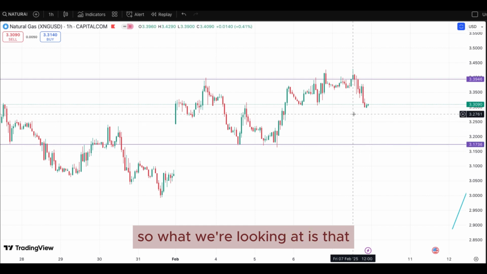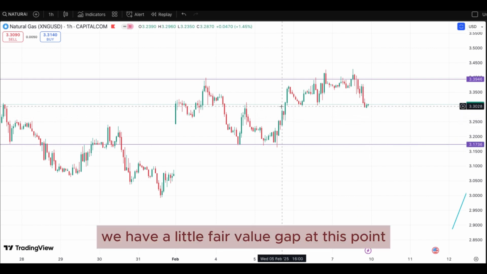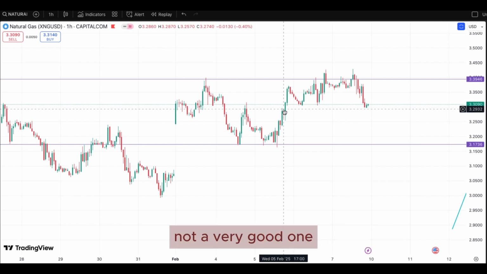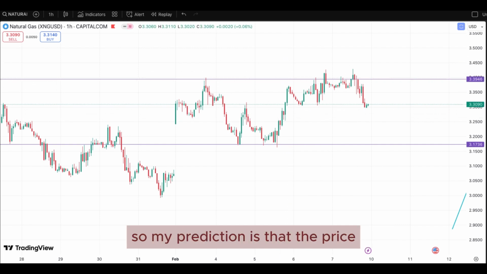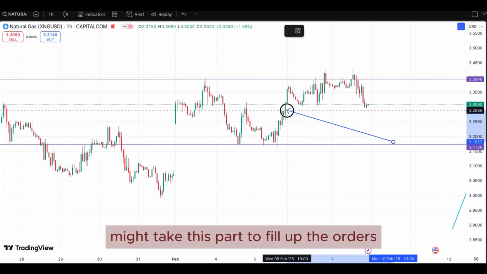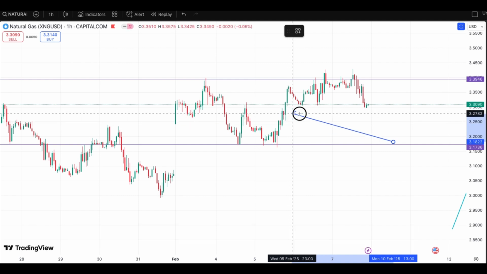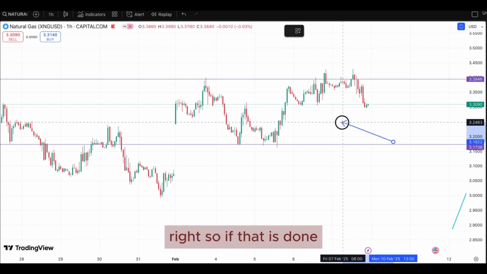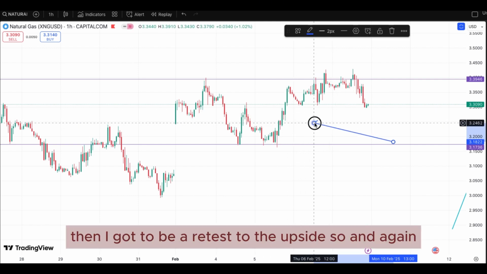What we are looking at is a little fair value gap at this point. Not a very good one, but at least a little fair value gap here. My prediction is that the price might take this path to fill up the injected orders at this point, right? If that is done, then there's going to be a retest to the upside.